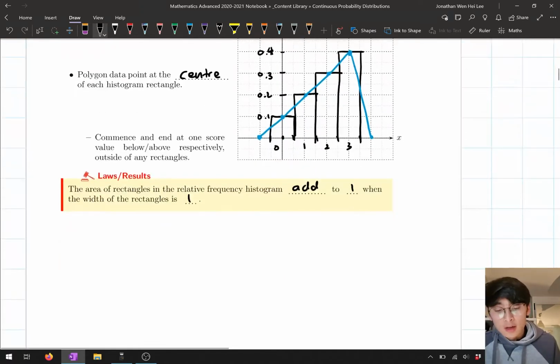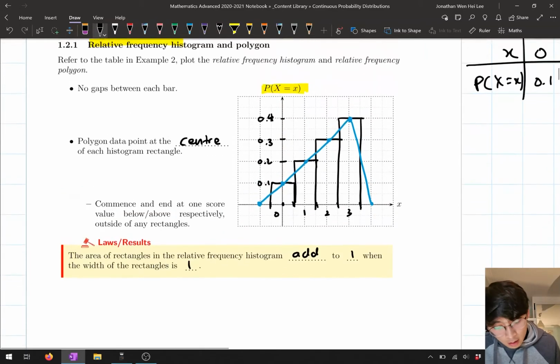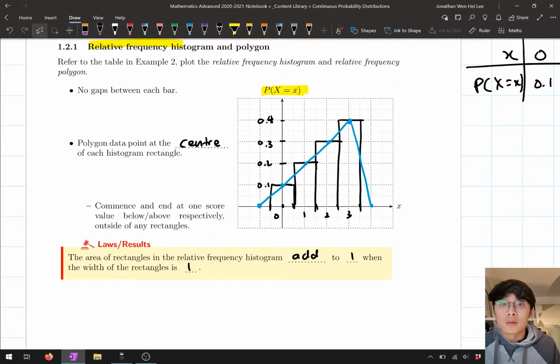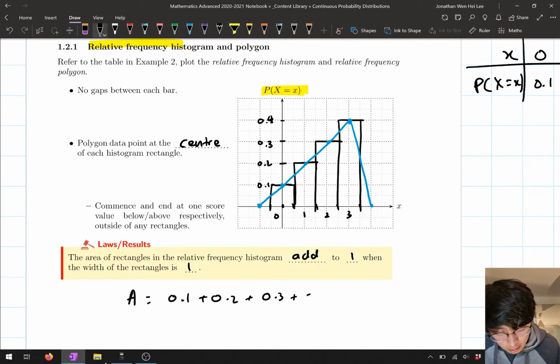Let's check that. Each rectangle has a width of 1, so the area of each rectangle is just 1 times the probability. The total area is 0.1 plus 0.2 plus 0.3 plus 0.4, which indeed gives a total of 1. So that's how we do a relative frequency histogram and polygon.